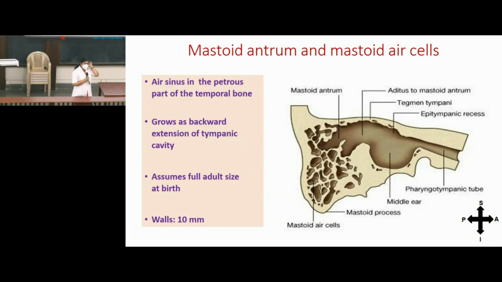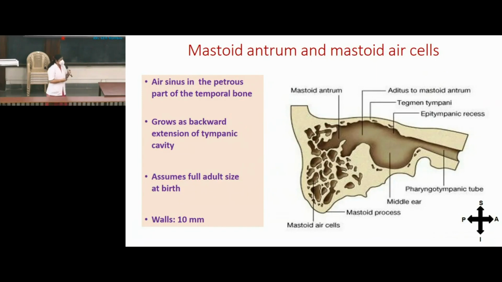We'll cover this topic later, but because of infections of the tympanic cavity, there are chances of infection of the mastoid antrum. The mastoid antrum is a deeply located area, so it is difficult to operate on. That's why you need correct vision and the anatomic location of the mastoid antrum, so that you can operate surgically. It is an extension of the tympanic cavity, that's why it is prone to infection.